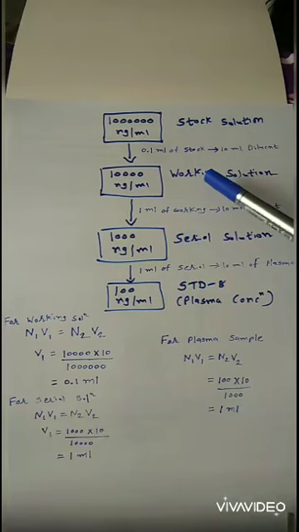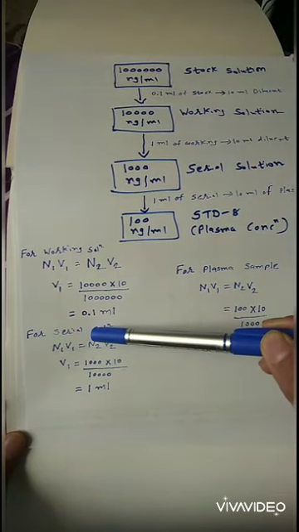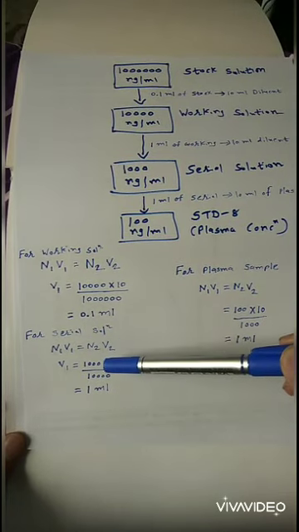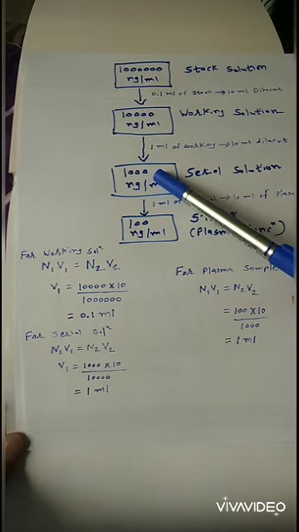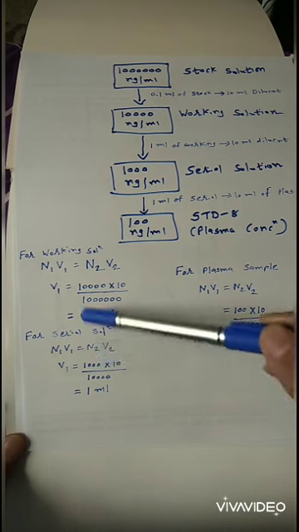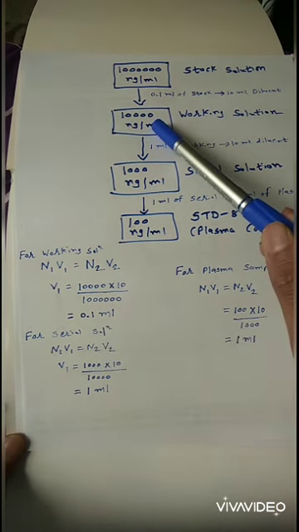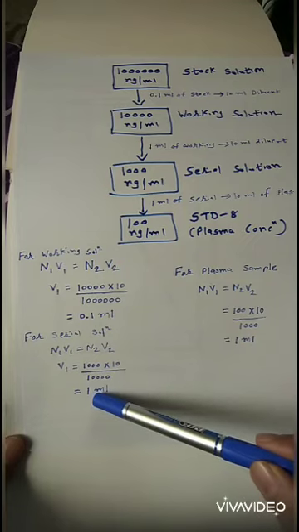So how will I prepare the serial solution from the working solution? The same formula applies here: for the serial solution, N1V1 is equal to N2V2. Now our N2 is 1000 nanogram per ml, V2 is 10 ml, that is we will take 10 ml diluent, and our N1 is 10,000 nanogram per ml. If we solve this equation, we will get 1 ml.